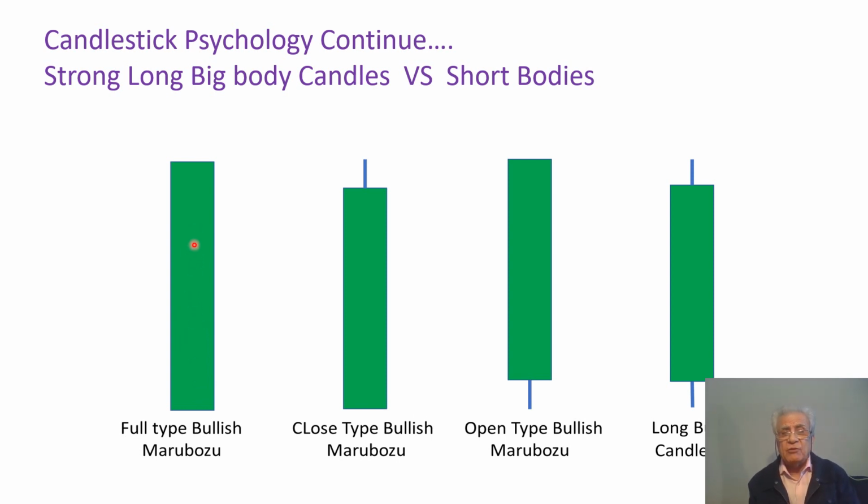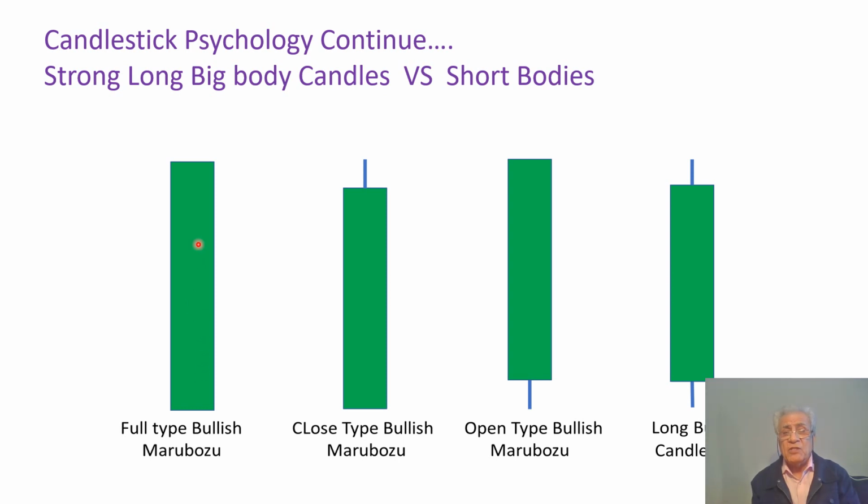When you see these candles, you should know that the trend is going up very strongly. Strong bullish candles like Marubozu, like this one, show buyers in the market have strong power, exerting a strong buying pressure in the market.